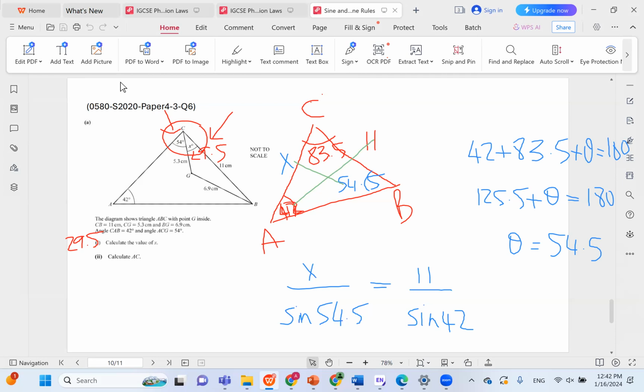So next, or first, we can actually just figure out the sine of 42 and the sine of 54.5. Sine 42 is 0.669, and sine 54.5 is 0.814.